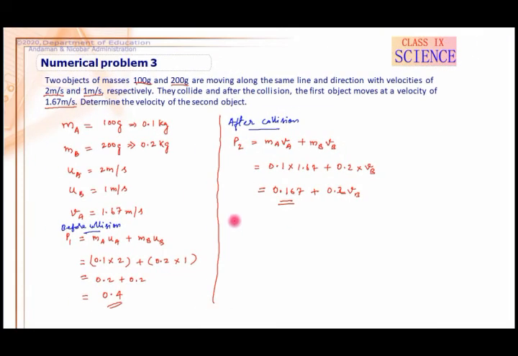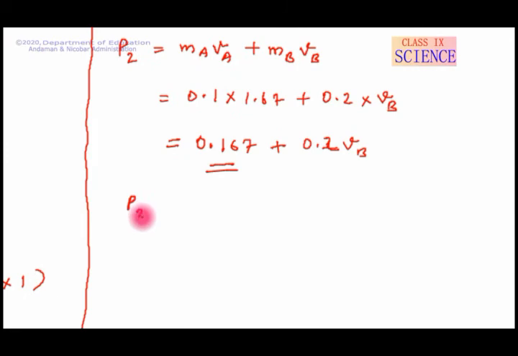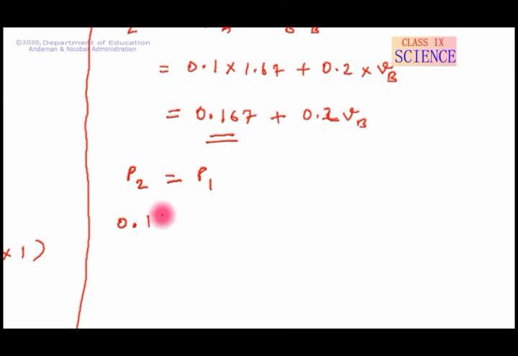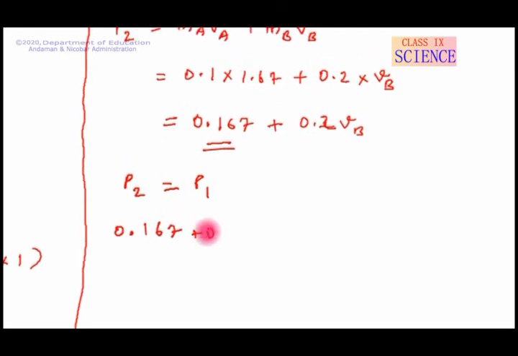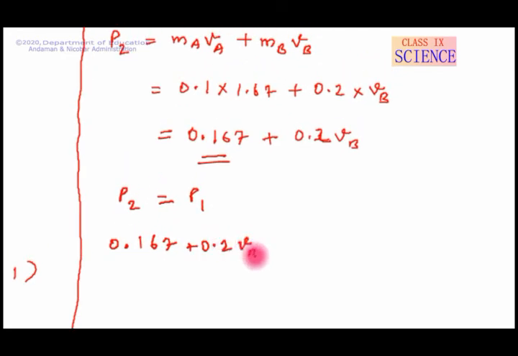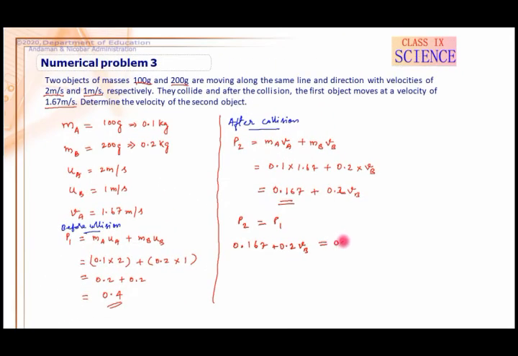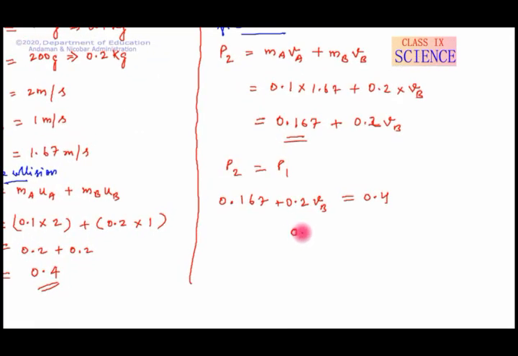So according to law of conservation of momentum, we know that the total momenta of the two objects after collision will be equal to the total momenta of the objects before collision. So here we write P2 is equal to P1. Here P2 is 0.167 plus 0.2 VB is equal to 0.4. Upon solving this, 0.2 VB is equal to 0.4 minus 0.167.